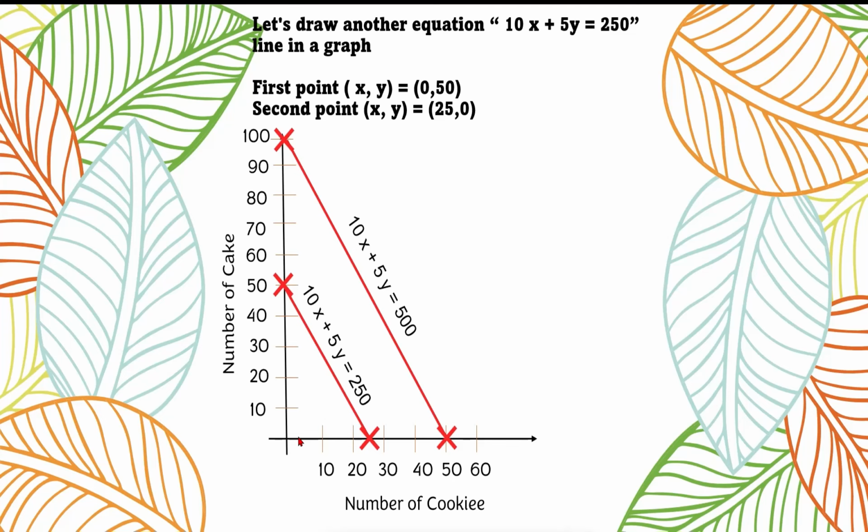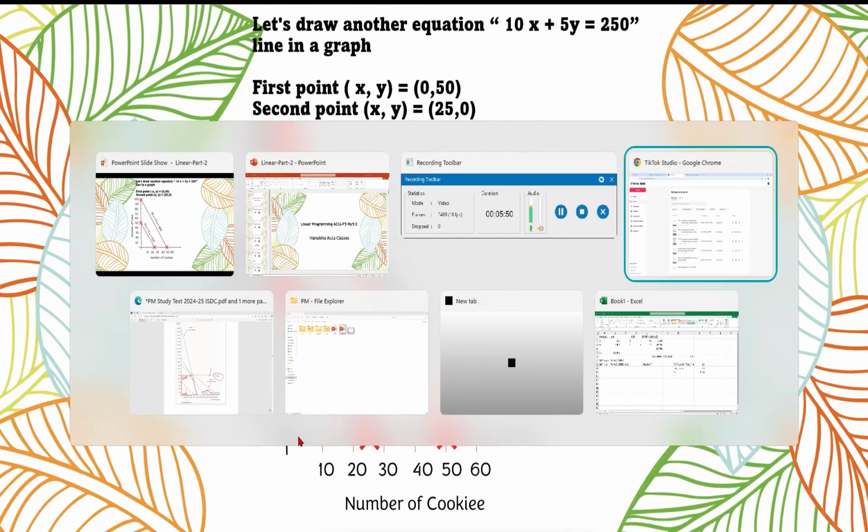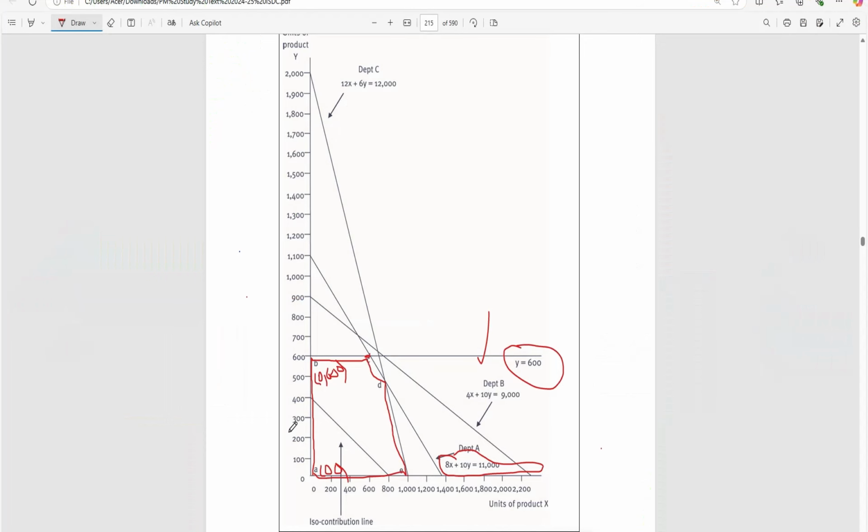As we have discussed in the previous video, here we find our optimum production plan by taking the scale, and as I said, the point that the scale touches last will be the optimum production plan point. And why have we done that? Because when we move upward, our contribution will be more.